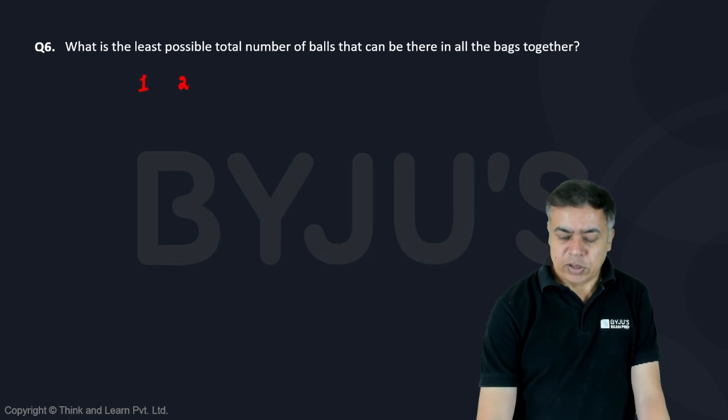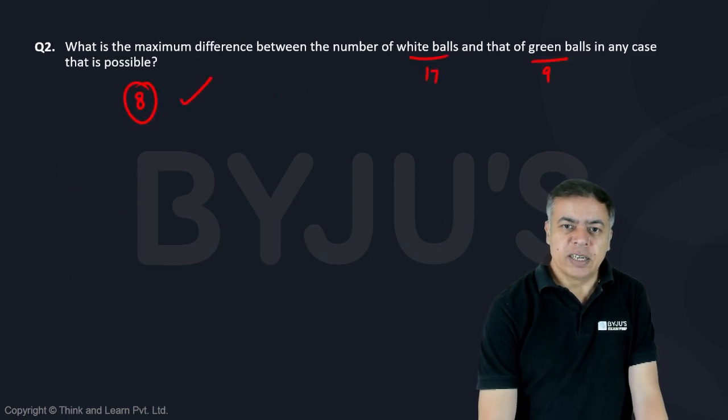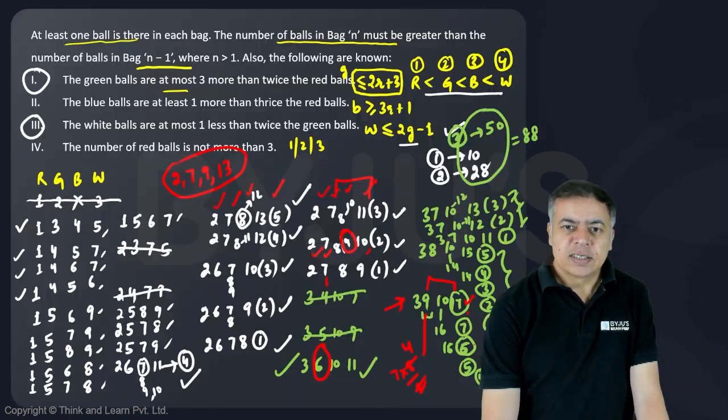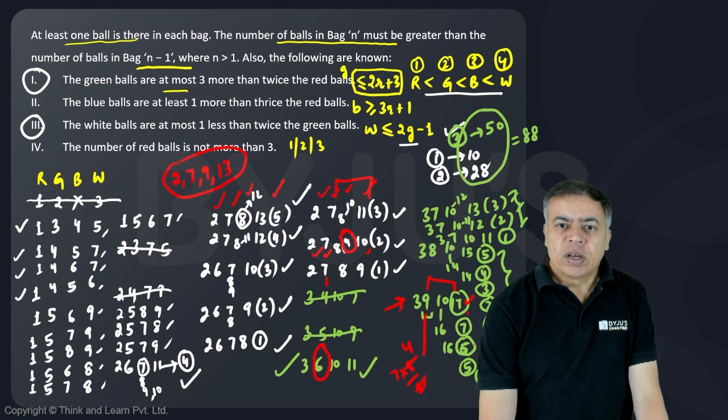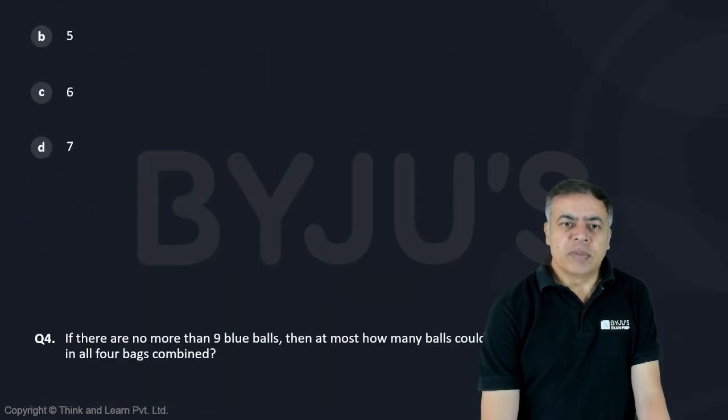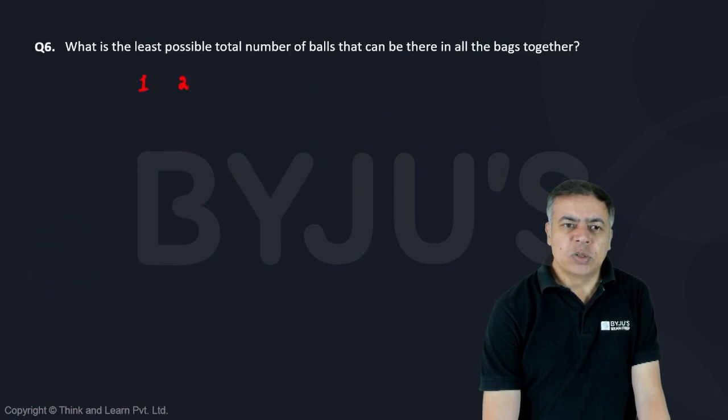Wait a minute, I need to check that possibility again. What was the case? For white it is 2g minus 1, sorry.